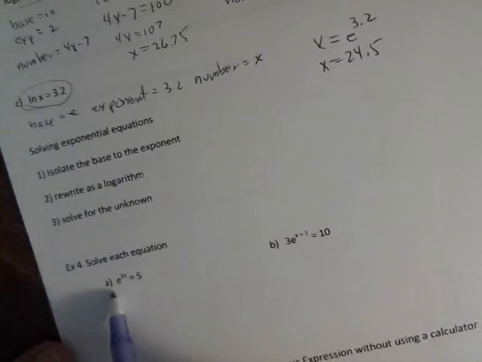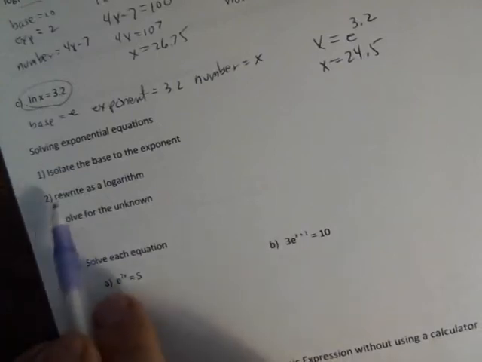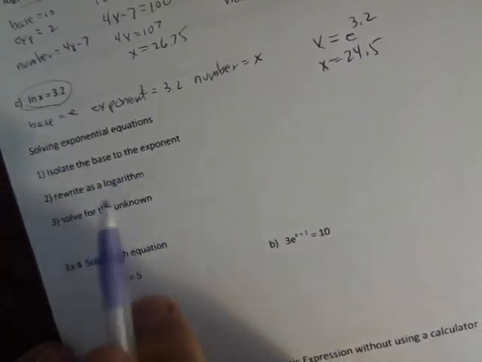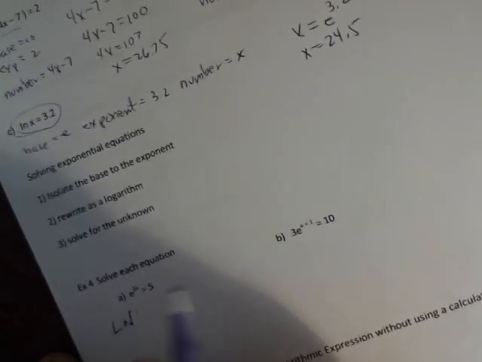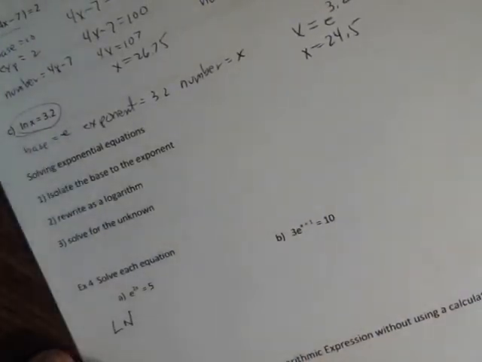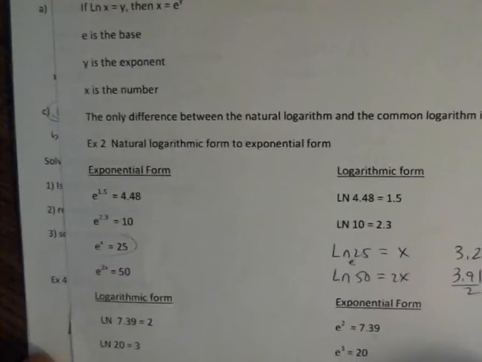So think about your steps. The base to the exponent is isolated. I want to rewrite as a logarithm. So in this case, I do natural log. You're going back to exactly what we did here.